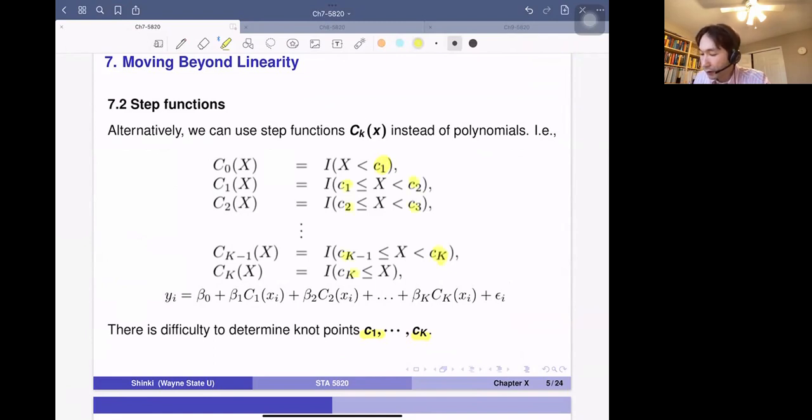Then after that, we fit this model. In this case, we just divide the entire range, the entire domain, into 4 intervals. So we can specify the 3 knots, but they should be pre-specified. Then after that, this is a linear model.